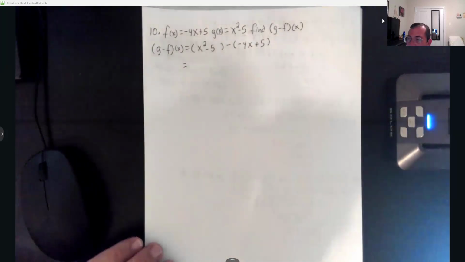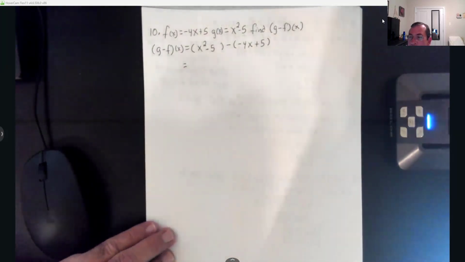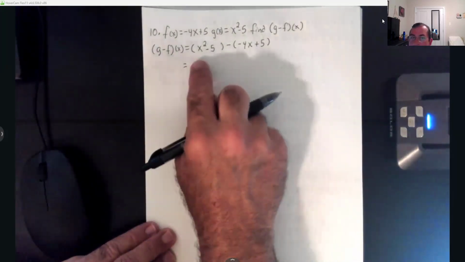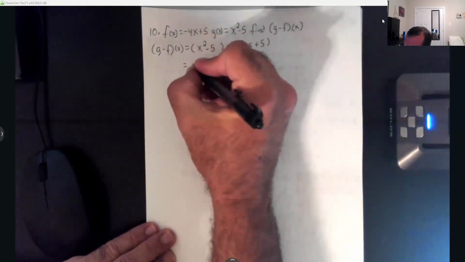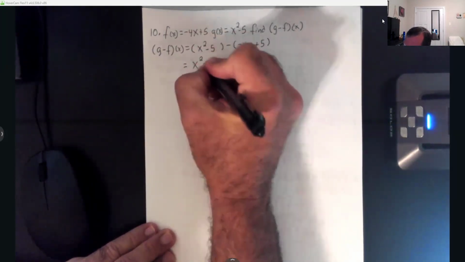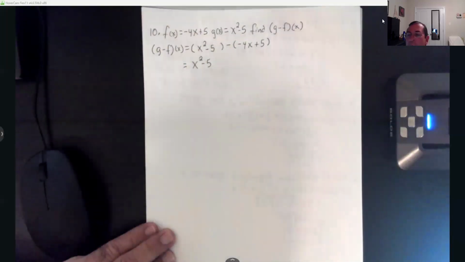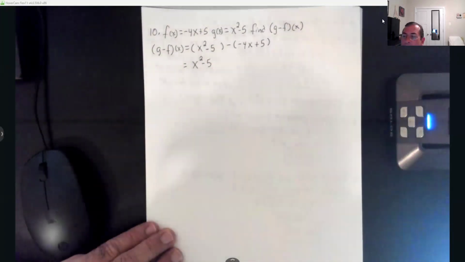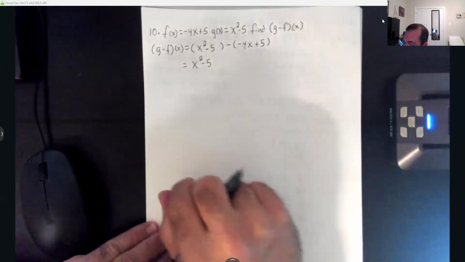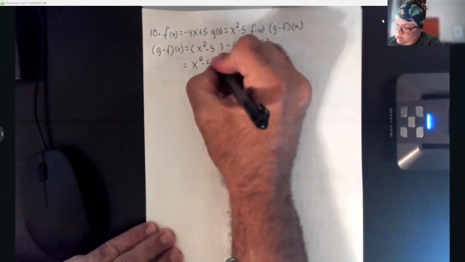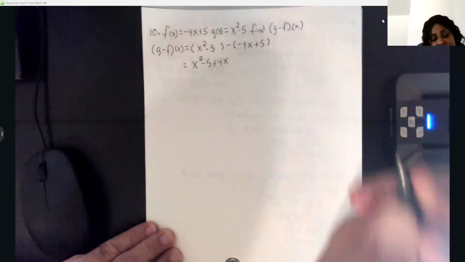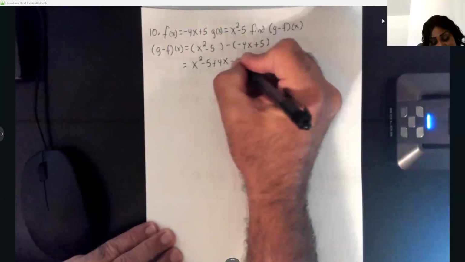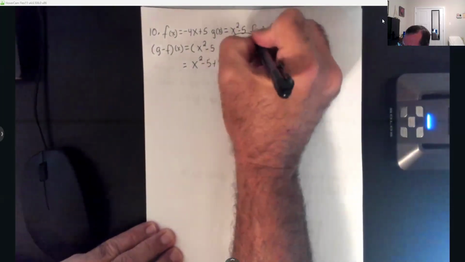So y'all know what we're about to do? We're about to drop these parentheses and bring stuff out. So the first part will be x squared minus 5. So the question is, what are the next 2 terms going to be? Plus 4x. Plus 4x. -5. -5. Good job, y'all, because y'all distributed that negative through there.